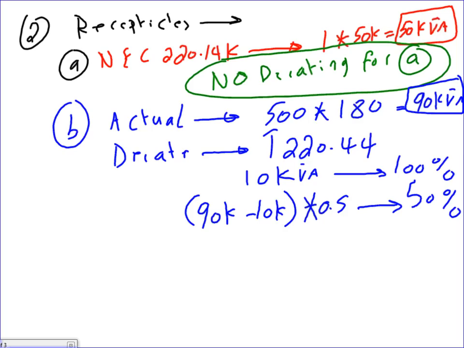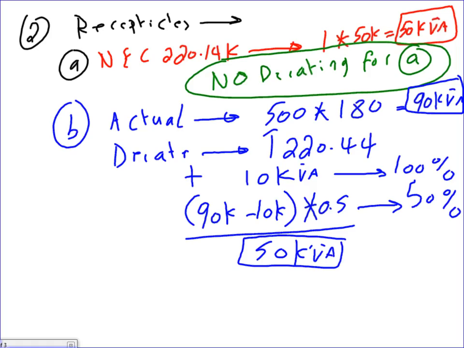All right, when you do the math, then add them up. Don't forget to add the 10. Mistake number two, Spencer: people forget to add the 10 to the 50% of the amount larger than 10. If you added them up, it should end up with 50 kVA.